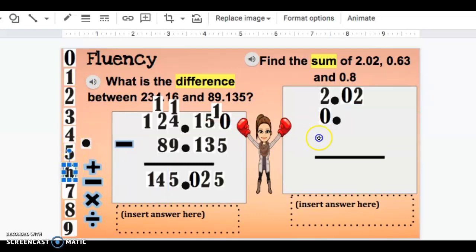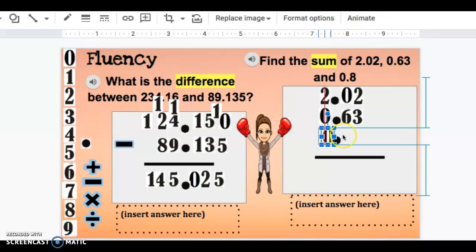I put my 6 in my tenths spot, my 3 in the hundredths spot. And then I have 0.8, so I put my 0 lining up in the right place value. Point. I move my 0 over. Point. And then the 8 in the tenths spot.